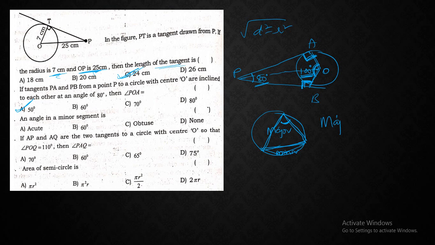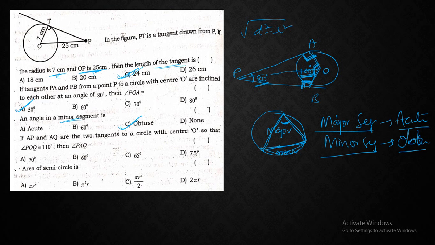So simply remember this: in major segment angle is acute, minor segment angle is obtuse. So what did he ask? Minor segment, so angle is obtuse.